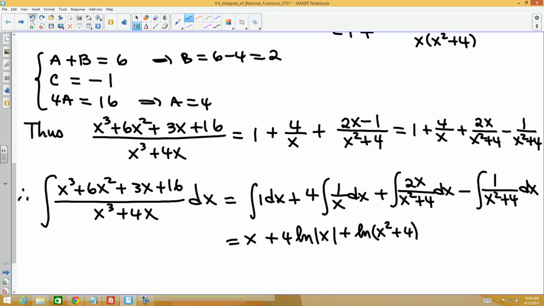And so we learned that the integral of 1 over a squared plus x squared is 1 over a times inverse tangent of x over a, plus a constant. So don't forget the constant term here. And that completes the evaluation of this integral.